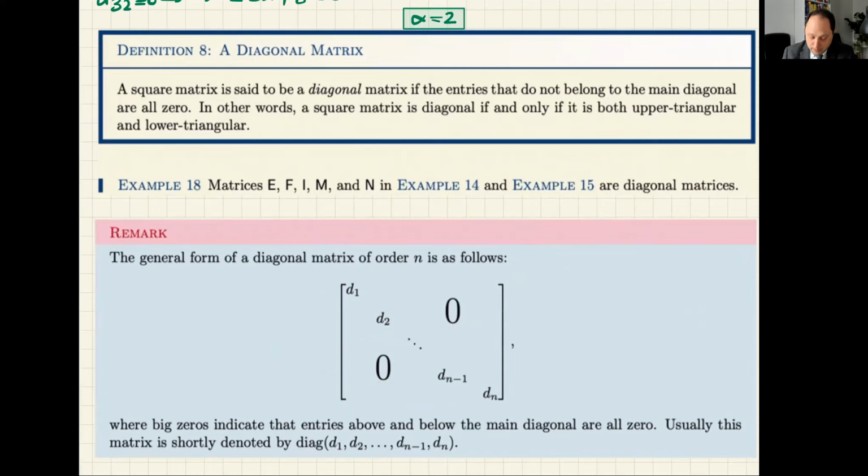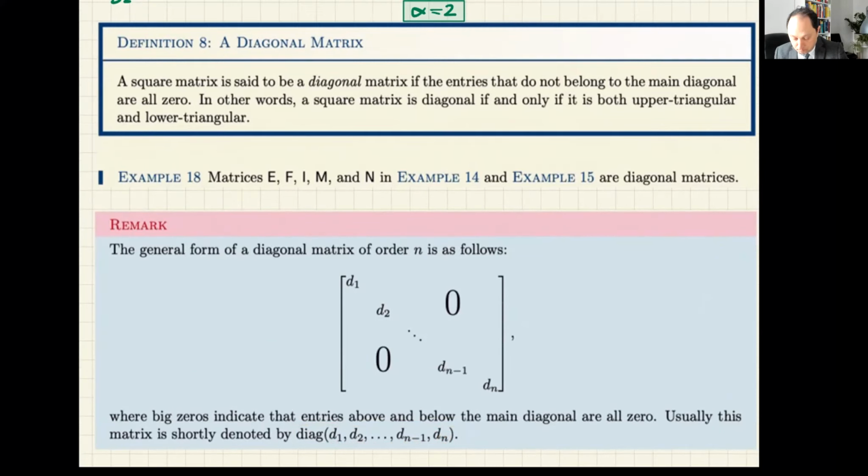So I would say that I use diag for diagonal, and then I just write the elements on the main diagonal from the first one to the very last one. So whenever you see this notation, it means that it's a diagonal matrix. You look at the last number, it is an n by n diagonal matrix. And these are the entries lying on the main diagonal, yes?